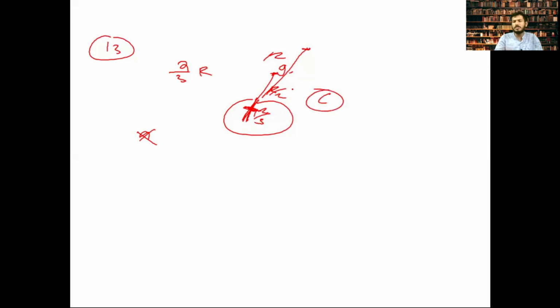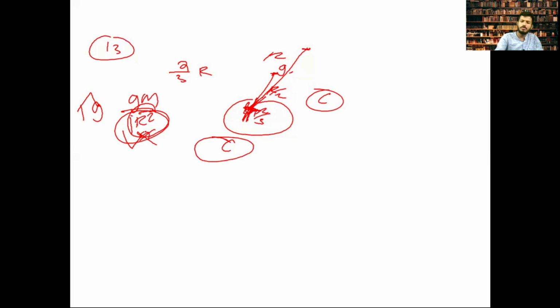The answer is option C. It's very clear, because g is GM by r square, where r is the distance between the center and the point where the body is placed. When this radius decreases, the value of g increases, when moving towards depth. That is why the answer is option C. Question number 13, answer is option C.